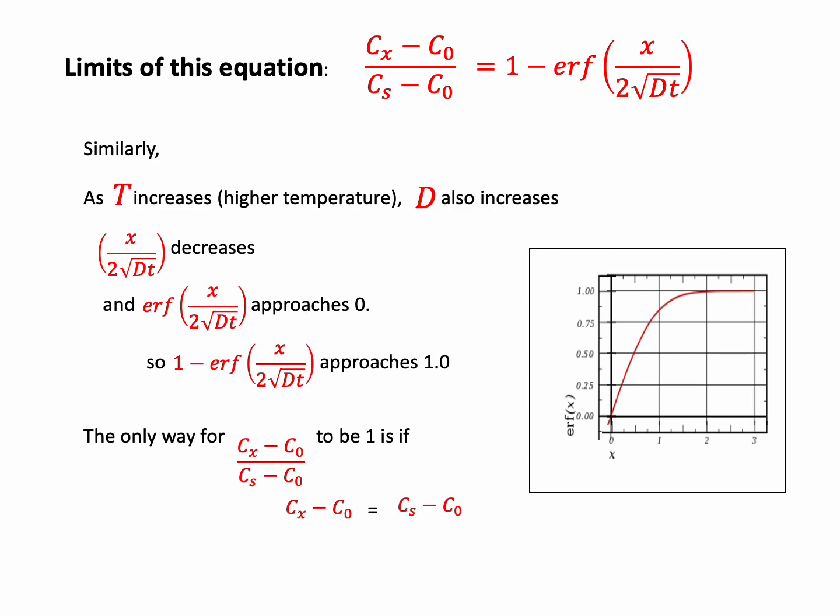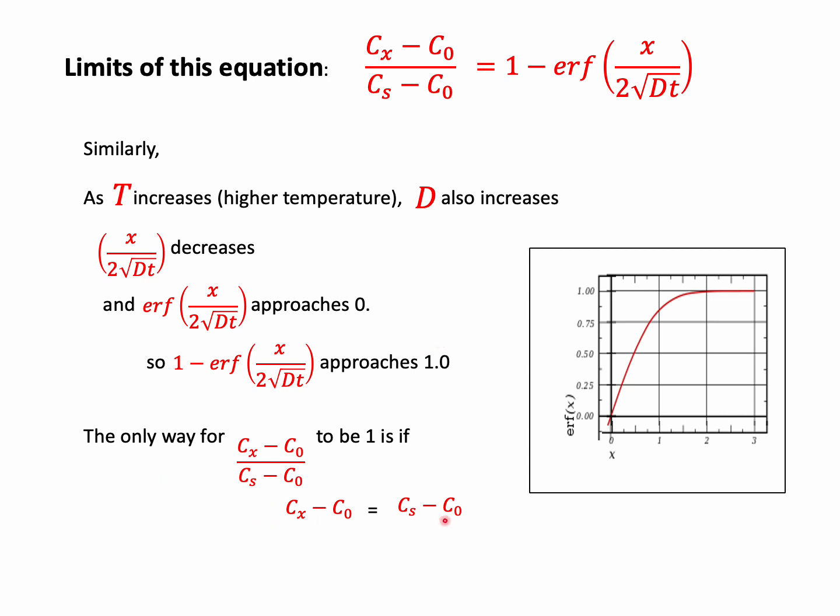Finally, temperature, uppercase T. Now, temperature itself isn't in this equation, but temperature affects diffusivity D. So if I increase the temperature, that also increases D, which would decrease this quantity x over 2 square root Dt, which means that the error function of that would approach 0, and the total right side of the equation would approach 1.